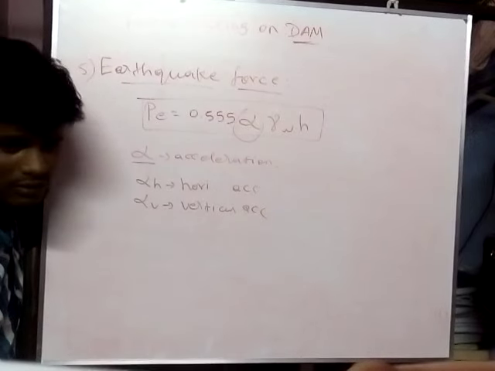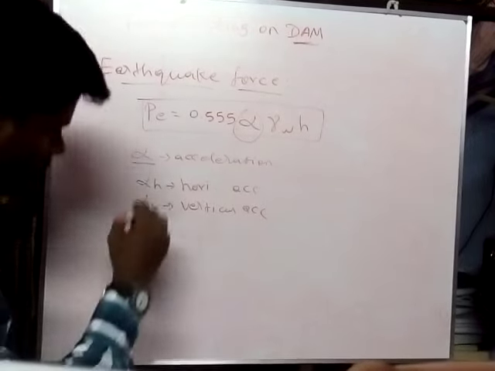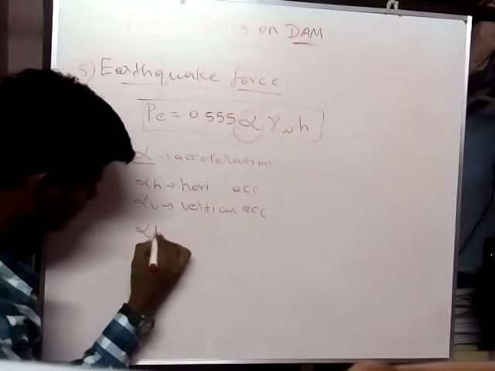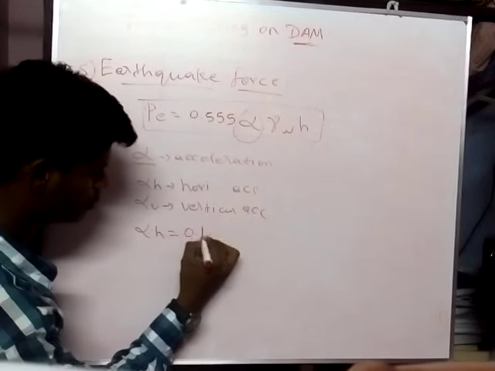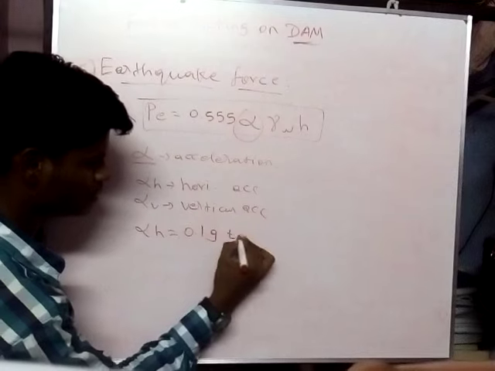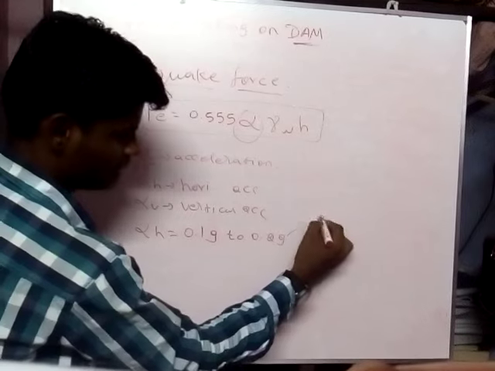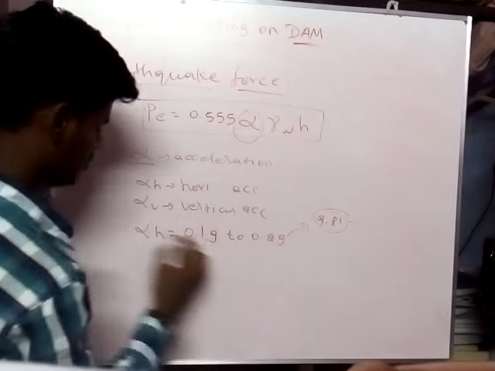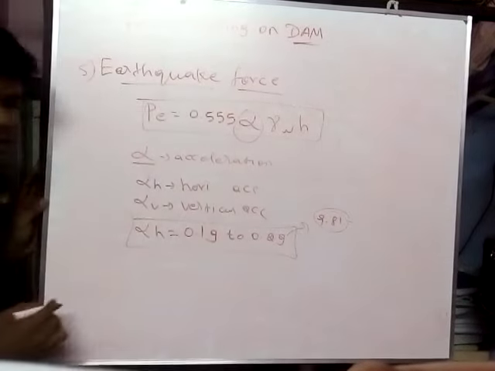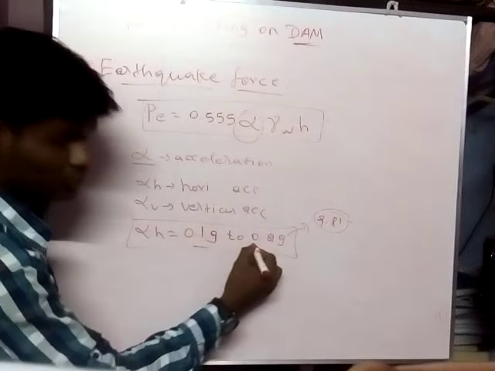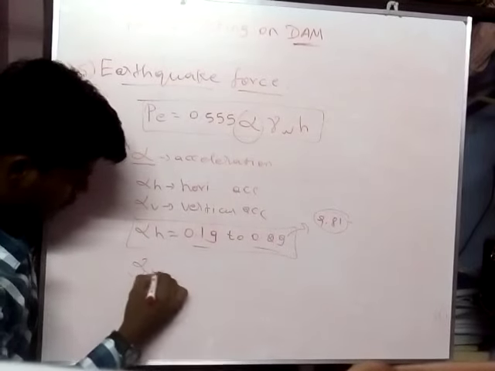Are you clear? Horizontal and vertical. The horizontal acceleration value is 0.1 g to 0.2 g, where g is acceleration due to gravity, 9.81.